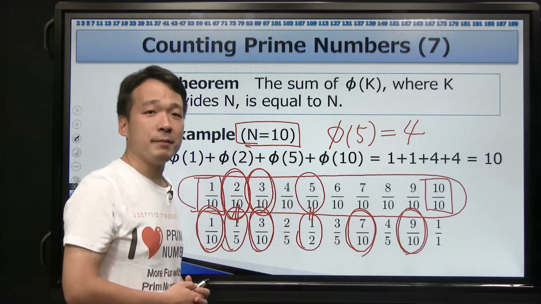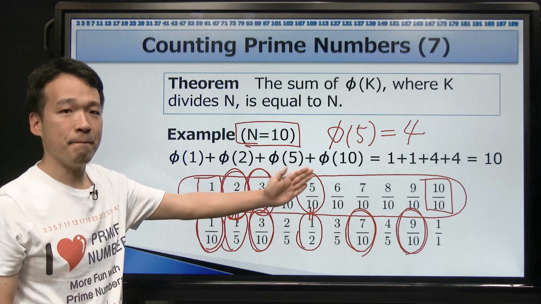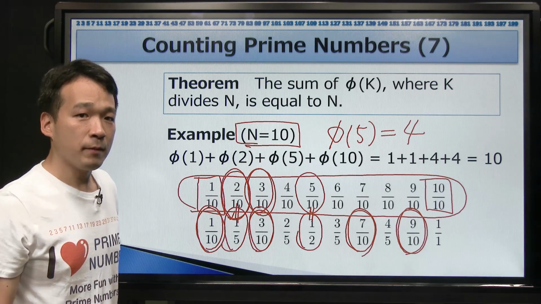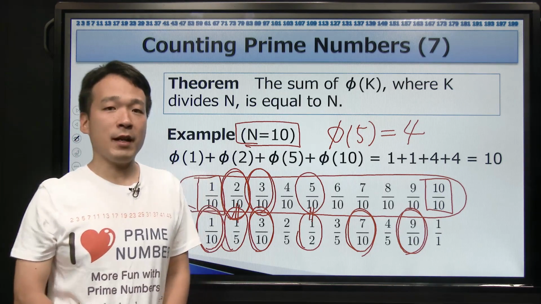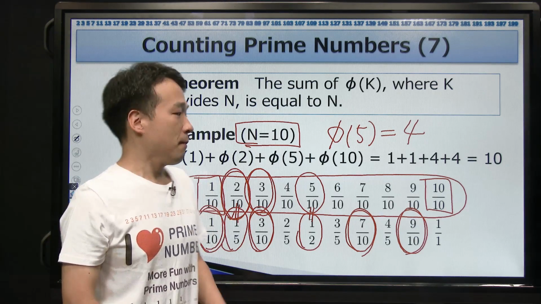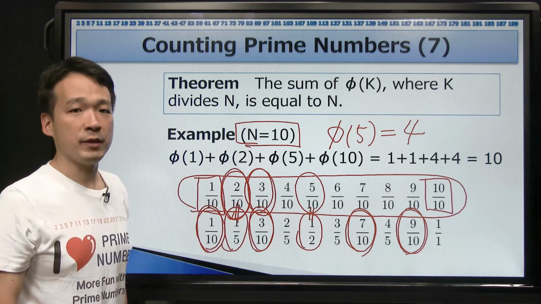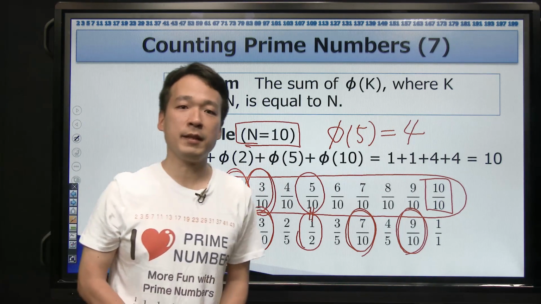Now the miracle happens. How many fractions are there? Of course, 10. Therefore, phi 1 plus phi 2 plus phi 5 plus phi 10 must be equal to the total number of fractions, which is 10. This explains the equality.